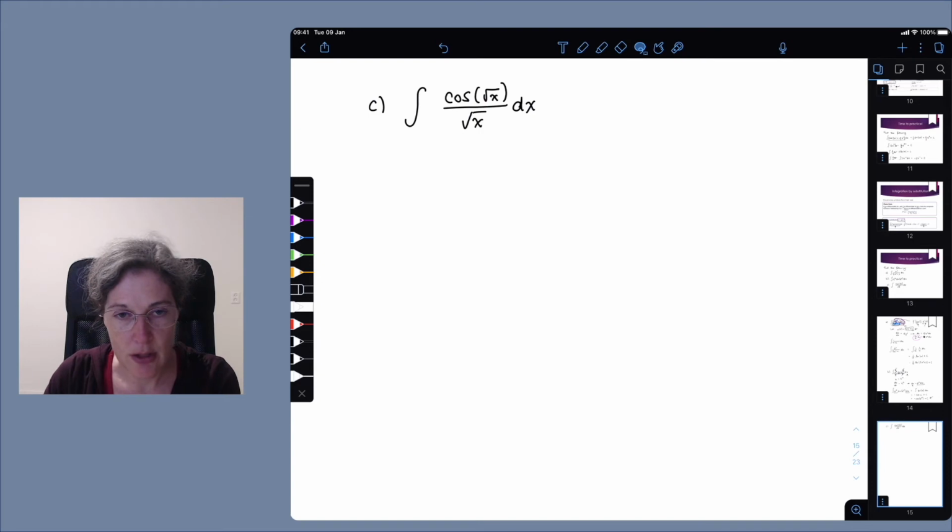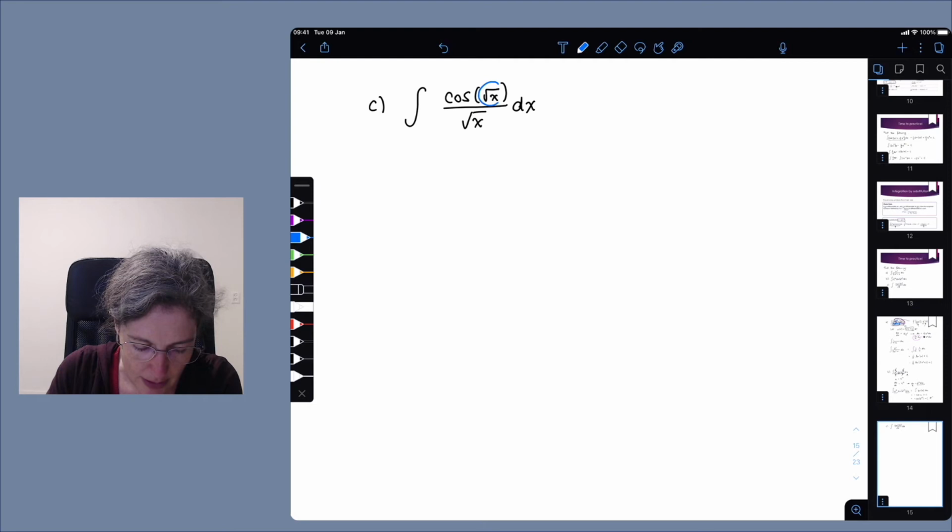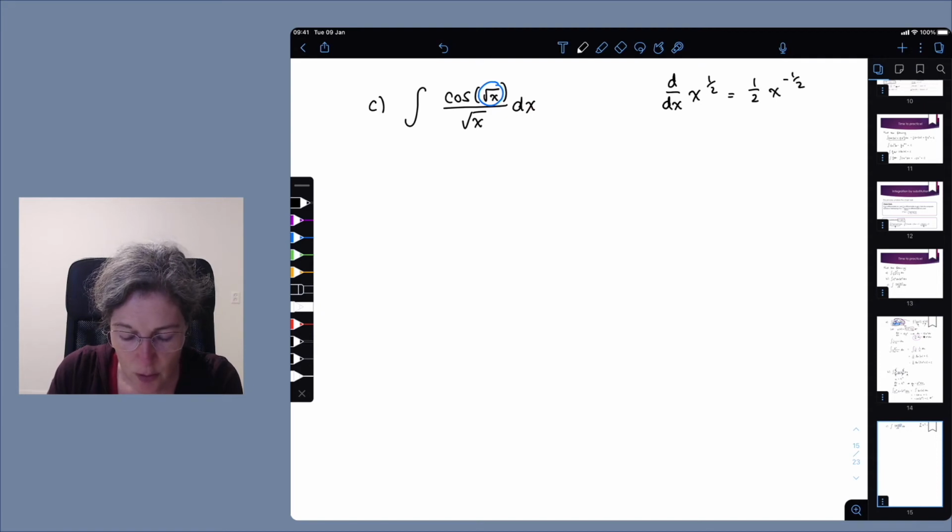So again, we have a look and we see, okay, inside my cosine, I've got this root x. And if I look outside, it's tempting to say, but I've got a root x, and the derivative of root x is not root x. But remember that the derivative of x to the half is a half x to the minus a half, which we could also write as a half 1 over x to the half.